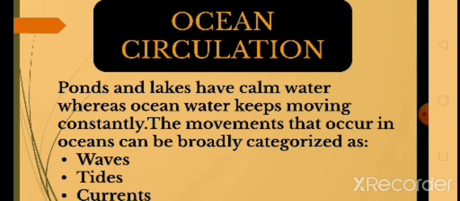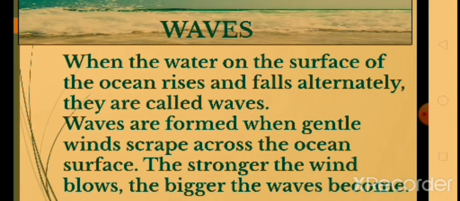So, children, when the water on the surface of the ocean rises and falls alternately, these are waves. During a storm, the winds blowing at very high speed form huge waves.